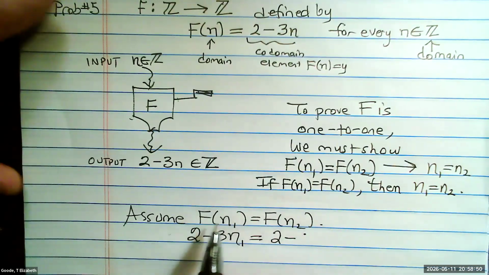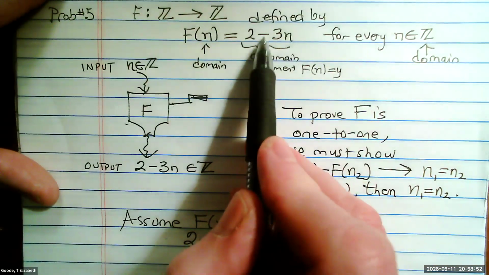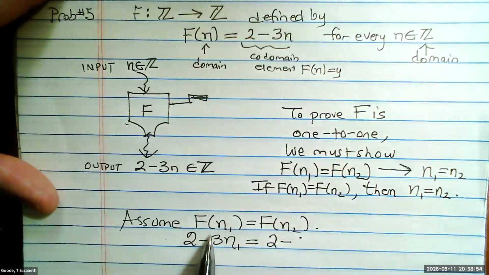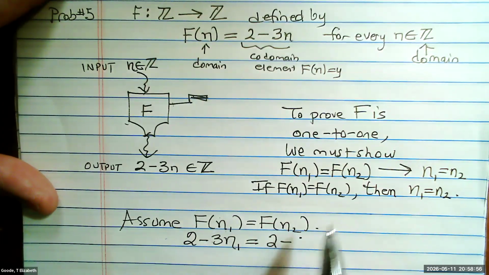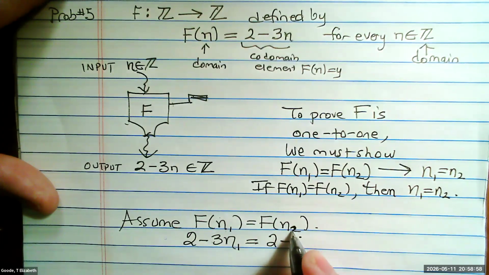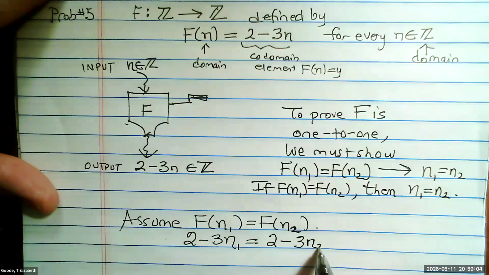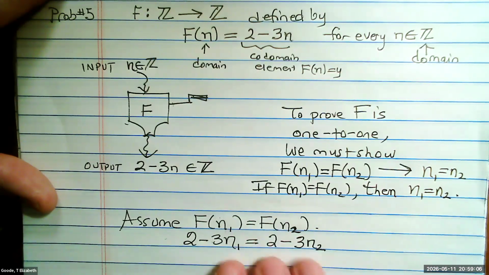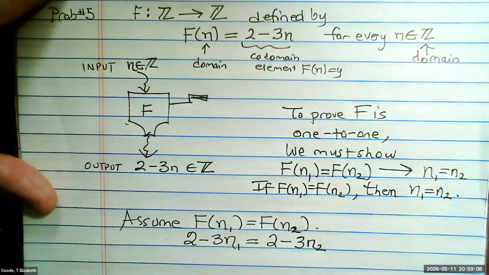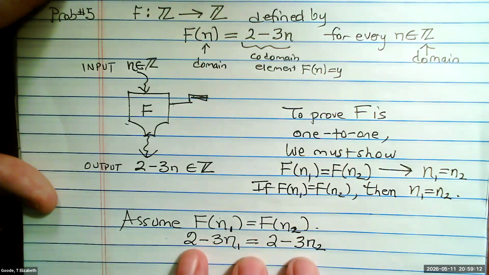Well, if we're dropping in n1, out comes 2 minus 3 n1, okay? But if we drop in n2, what comes out? 2 minus 3 n2. Exactly. So that's what it means to say f of n1 equals f of n2. It means their function values are equal.